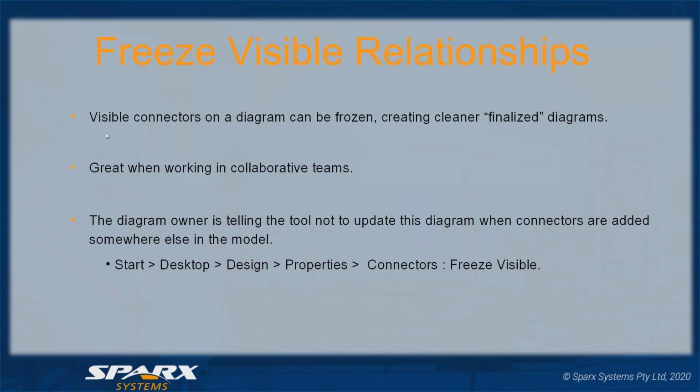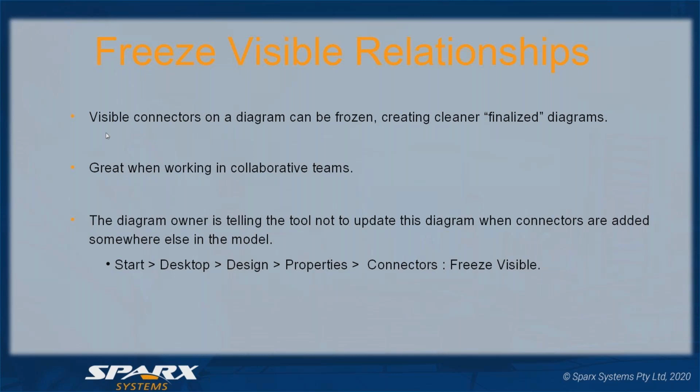It's really good when you're working in collaborative teams, because if people go and add connectors after the diagram is frozen, while those connectors are still there, your frozen diagram doesn't get corrupted or disturbed in any way. So the diagram owner is basically telling the tool, Enterprise Architect, not to update this diagram when connectors are added somewhere else in the model.